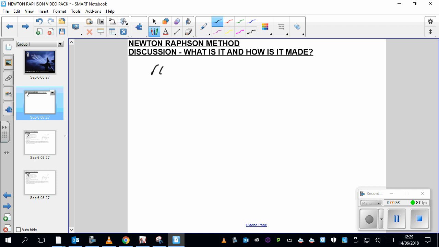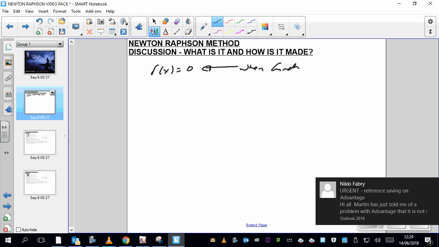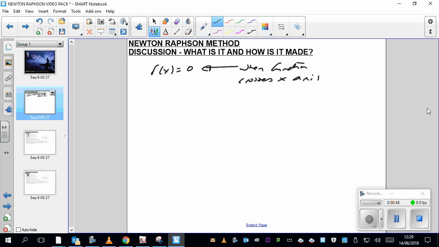So when f of x is 0, and remember this only occurs when the function crosses the x-axis, all right? Sometimes that's really obvious.